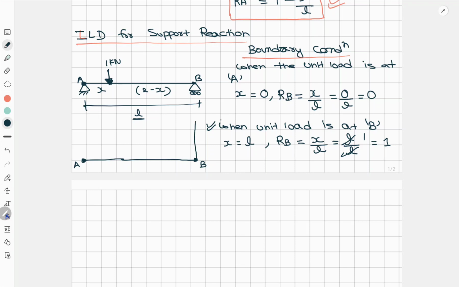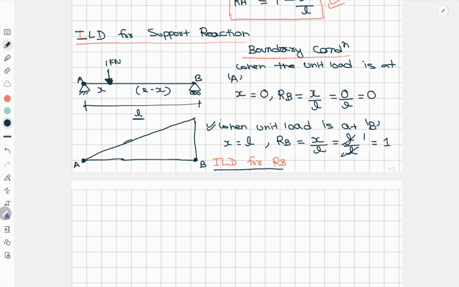So it will be somewhere here. So you have to join these both. Okay, so this is the influence line diagram for RB.